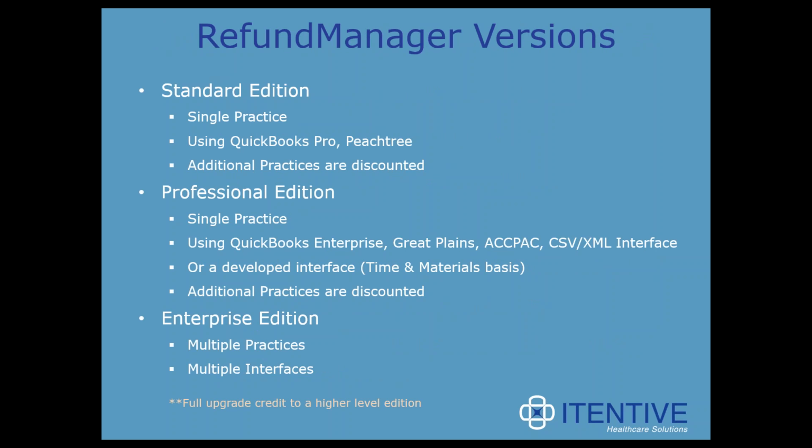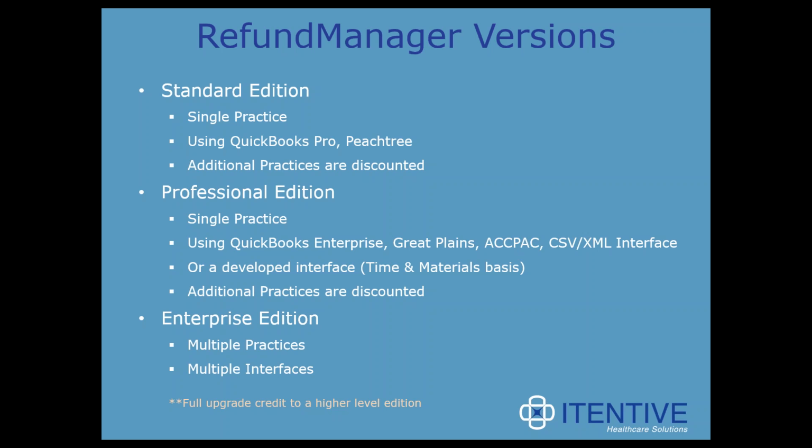There are 3 versions of Refund Manager: a standard version, a professional version, and an enterprise license version. The standard version is for single practices on the smaller side that use more of the entry-level accounting applications, Peachtree, QuickBooks.